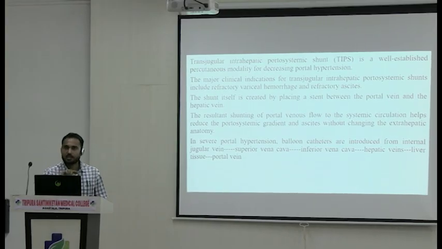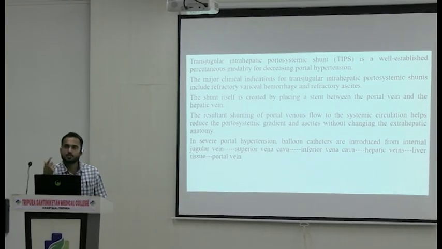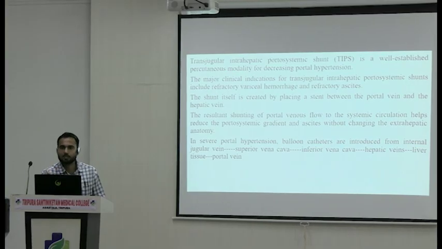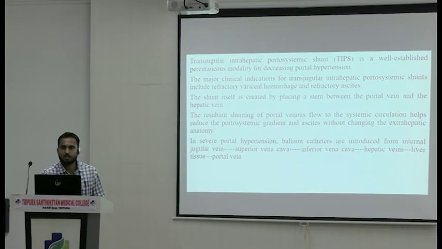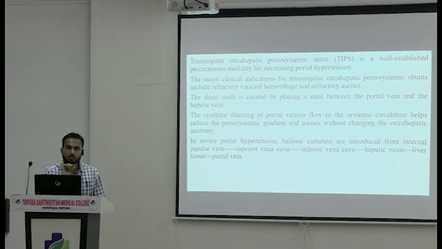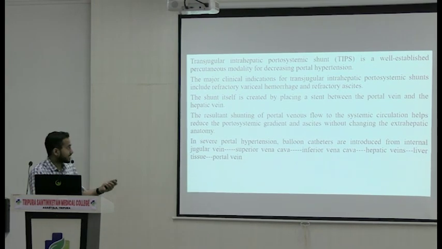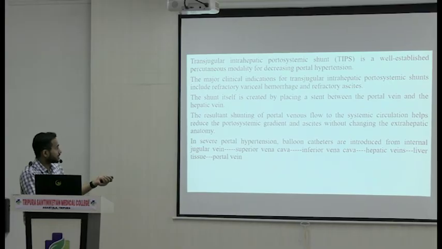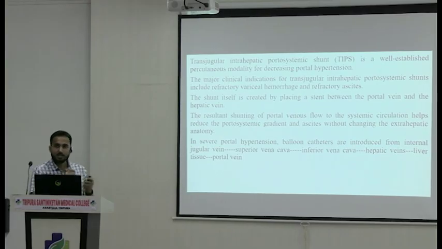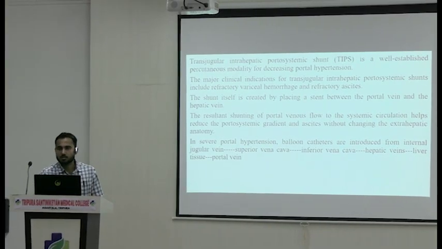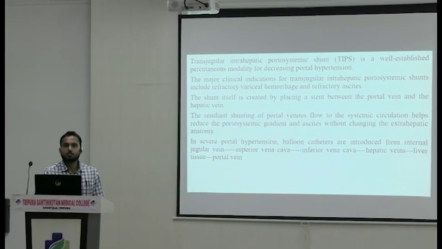If any problem is there, suppose obstruction, narrowing or compression, so many things can be there, then to reduce that problem, what is done? A stent is placed between the tributary of the portal vein and the tributary of the hepatic vein, so that the blood can flow easily, and that will reduce the portal hypertension.